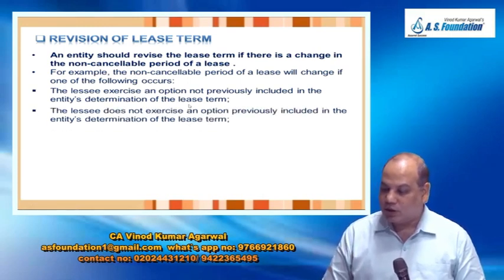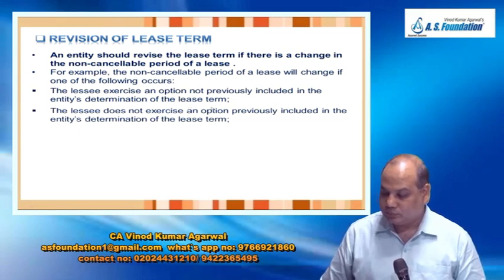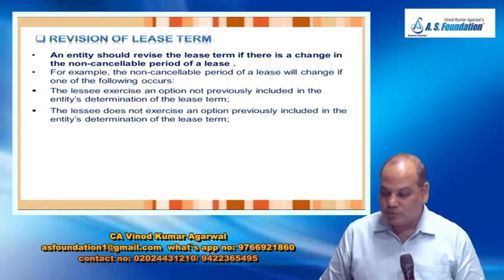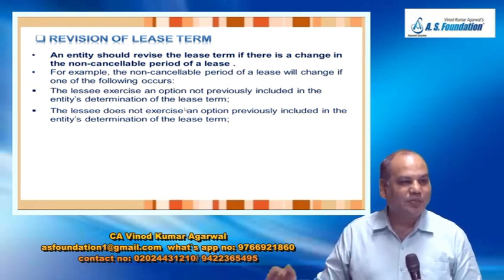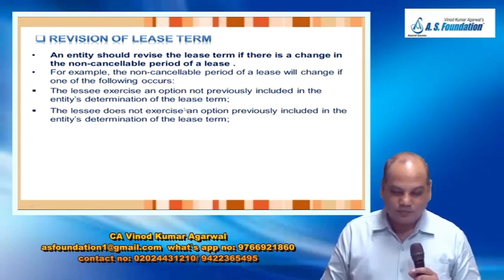And the lessee does not exercise an option previously included in the determination of the lease term. Both. You might have earlier considered an option to extend, now you don't want to consider. You might not have considered an option to extend, but now you want to consider.